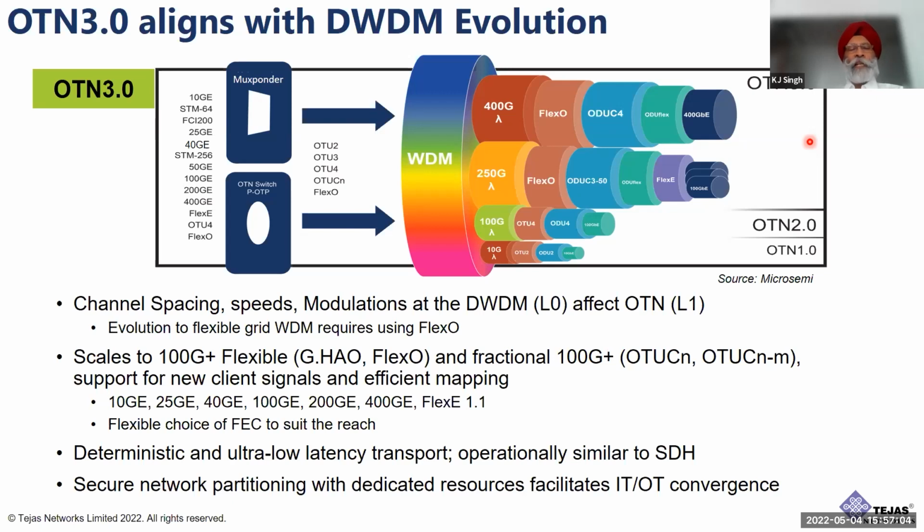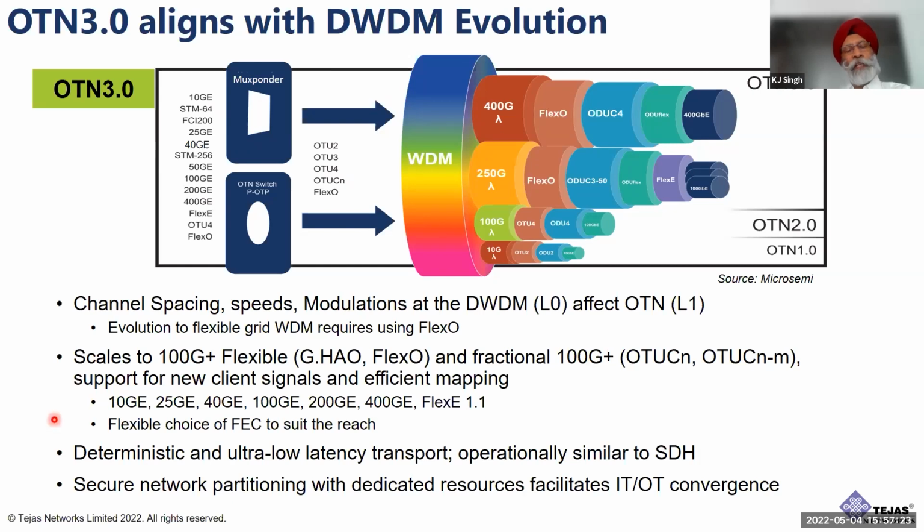So all of that is what's sort of driving the optical network evolution. There is flexible and fractional mapping. There's mappings defined for 25 gig, 40 gig signals.